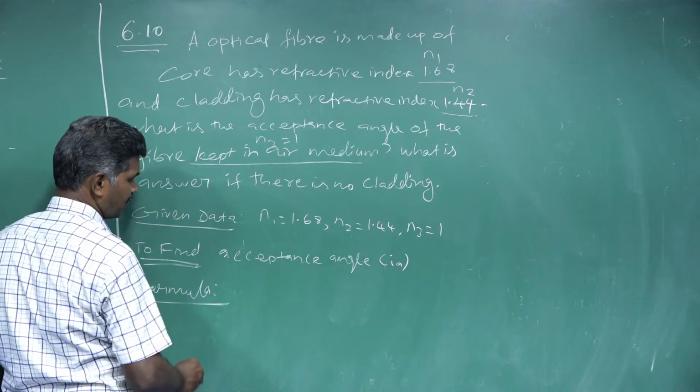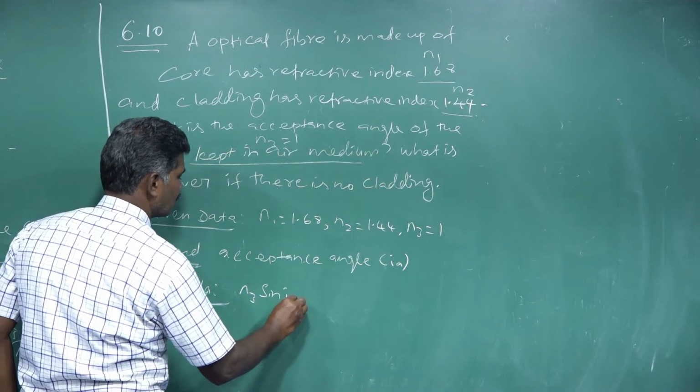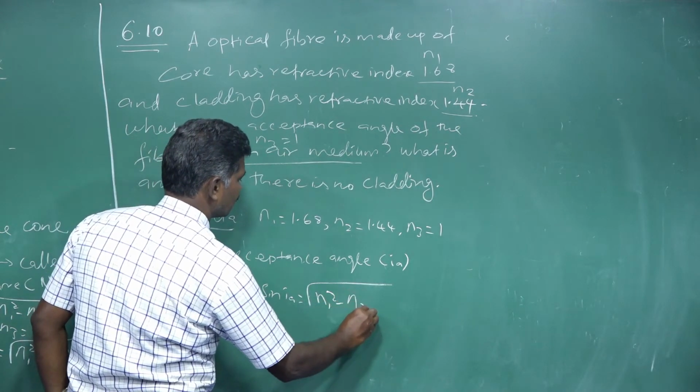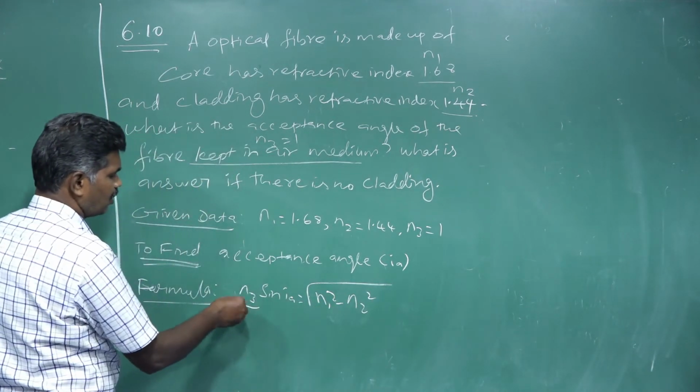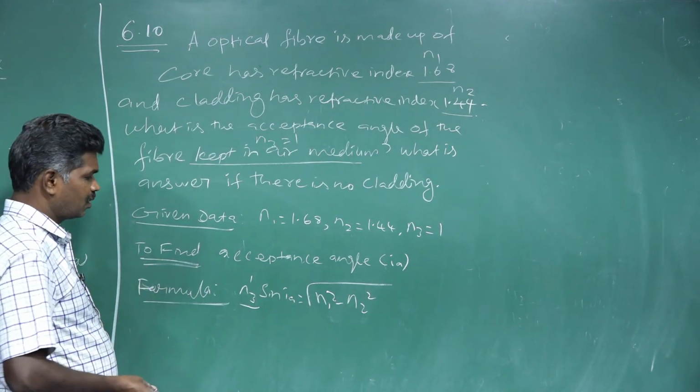We have a formula. We know that the expression n3 into sin IA is equal to square root of n1 square minus n2 square. There n3 value is equal to 1. Then we want to find IA.